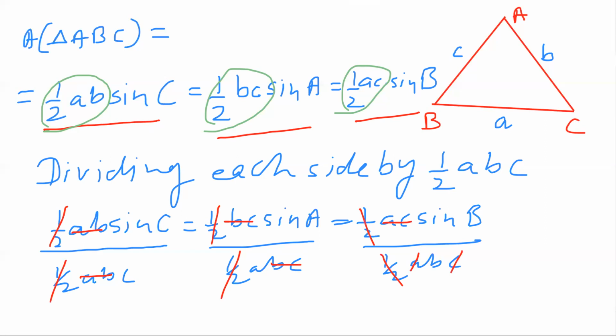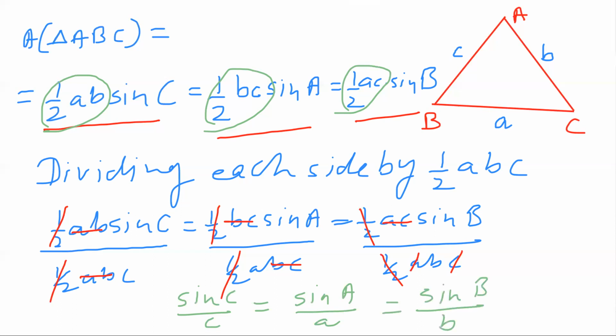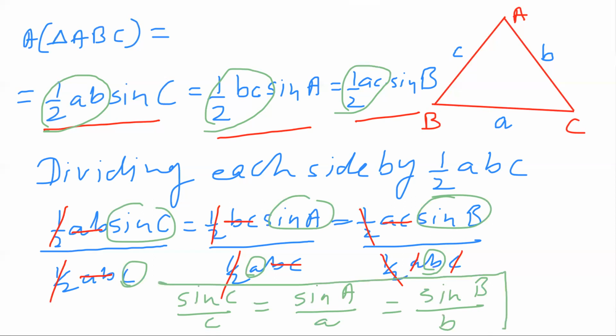We are left with sine C over c equals sine A over a equals sine B over b. This is the part that was left in the denominator, and in the numerator sine C, sine A, and sine B. So this is what we have got: sine A over a equals sine B over b equals sine C over c.